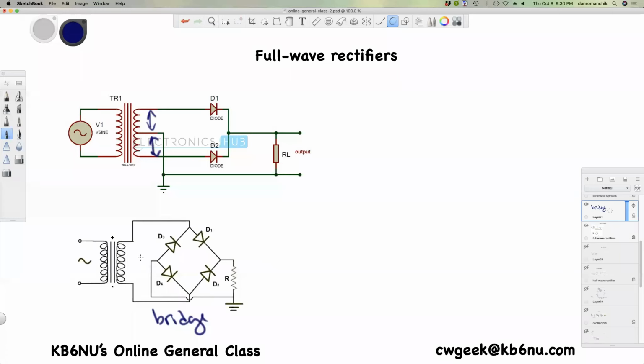Whereas the bridge rectifier only needs one set of windings because of the way the circuit steers the current.